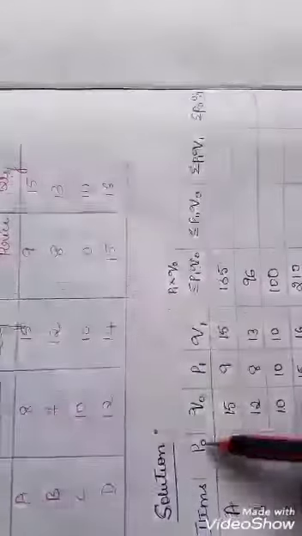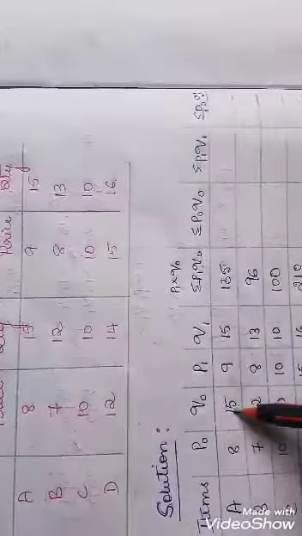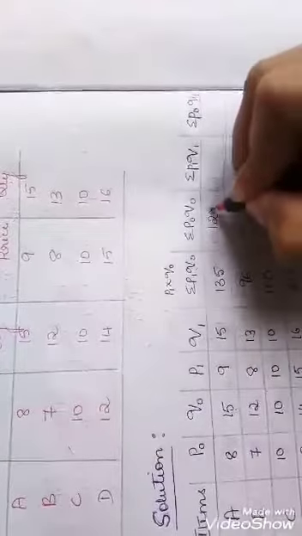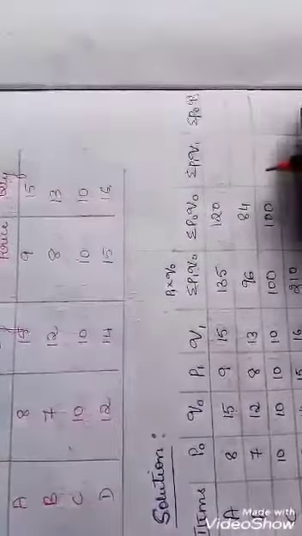Similarly, you have to calculate P0 Q0. 8 into 15, you will get 120. 7 into 12 is 84. 10 into 10 will be 100. 12 into 14 will be 168.